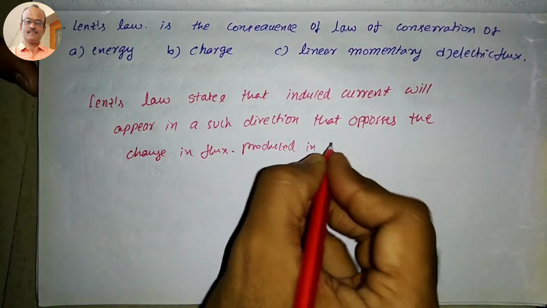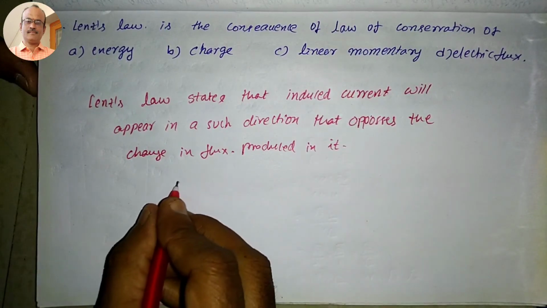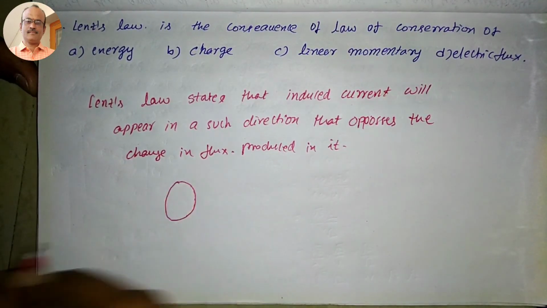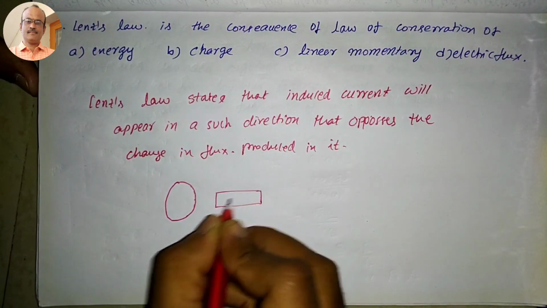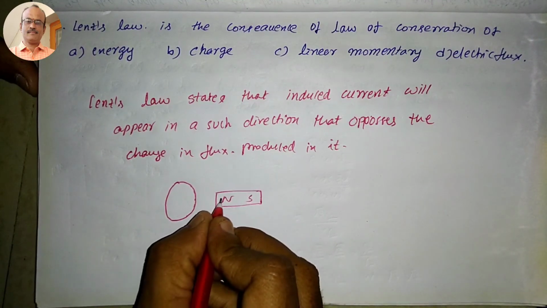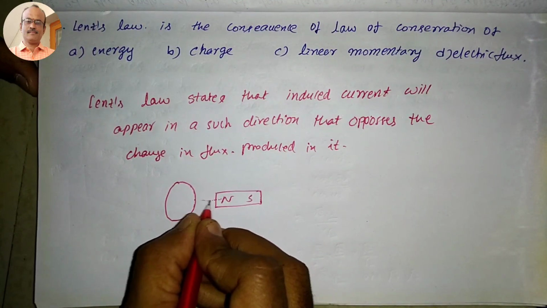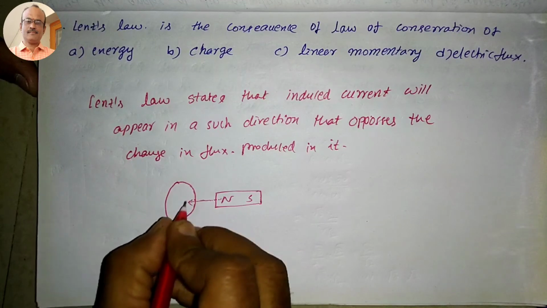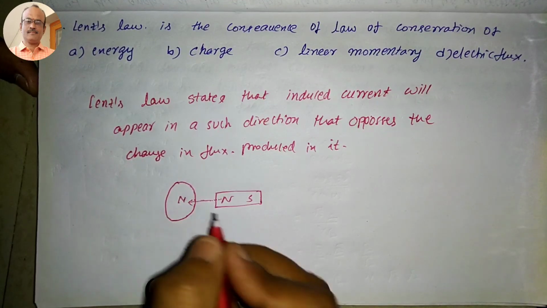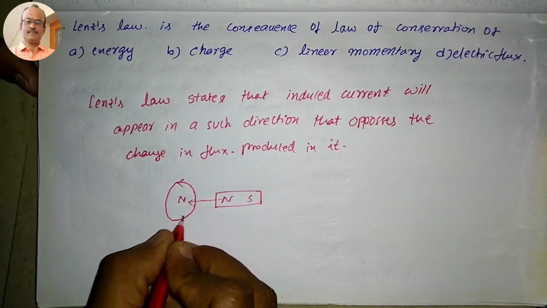Let us consider this is the coil and it is the magnet, north pole and south pole. When the magnet is moving towards the coil, then immediately it forms north pole and the current direction is like this.